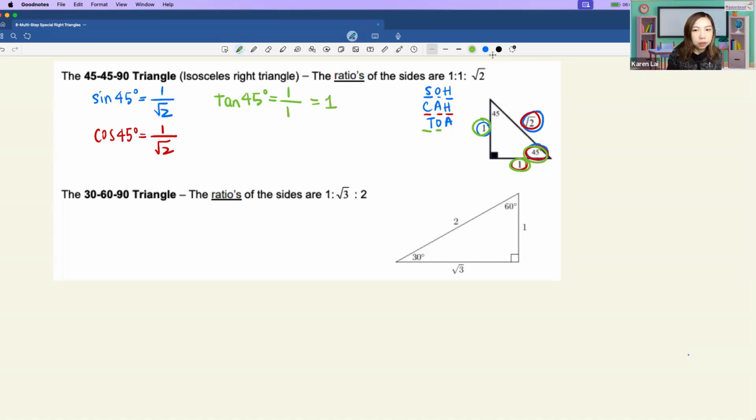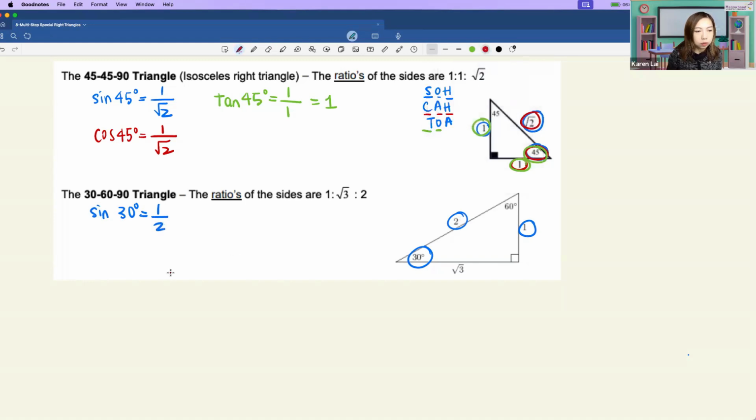All right. Now we look at another triangle, which gives us a 30 degree and a 60 degree angle. So let's look at the 30 degrees first. Sine 30 degrees is again opposite over hypotenuse. Opposite is 1. Hypotenuse is 2.